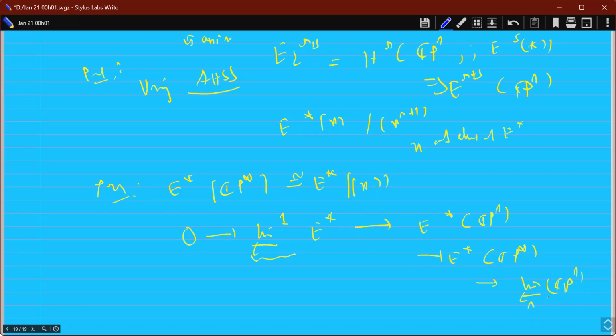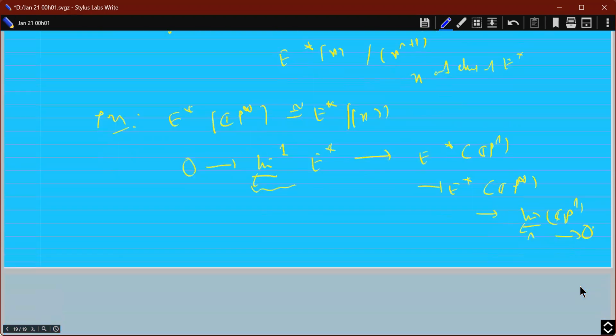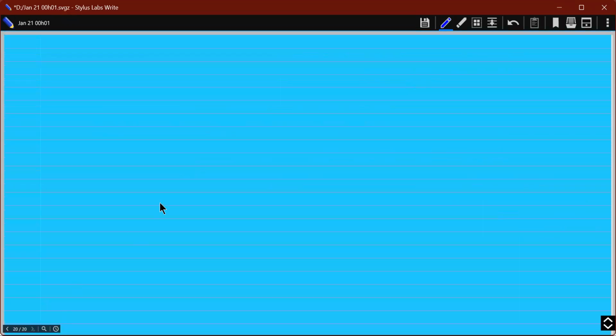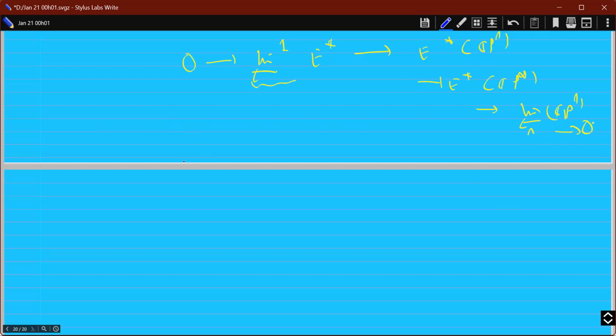It's close to 0, right? So the right hand side, we'll see. This right hand term, this term that we have, is just equal to something that we proved.